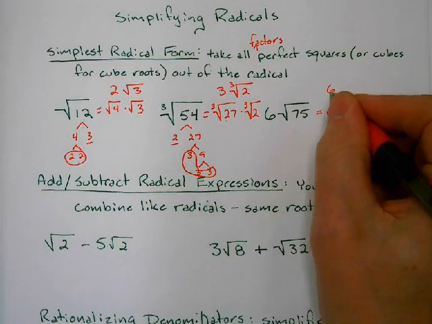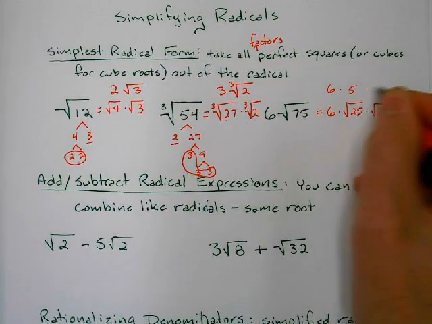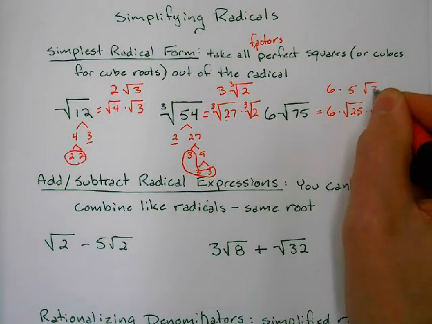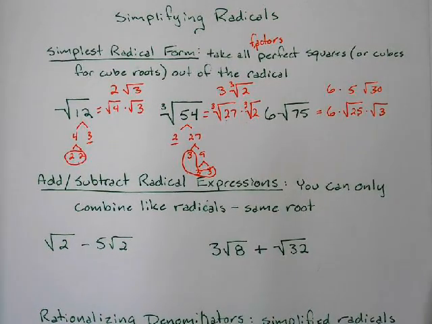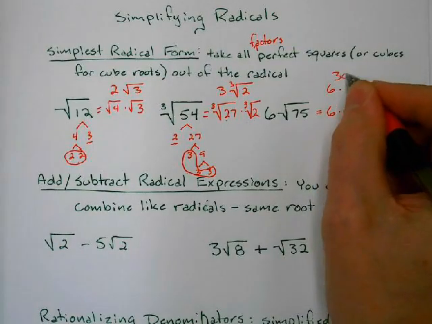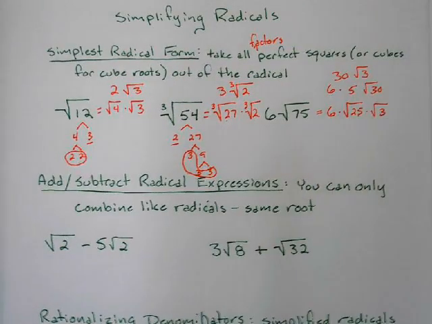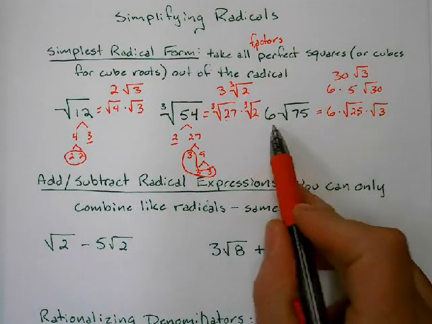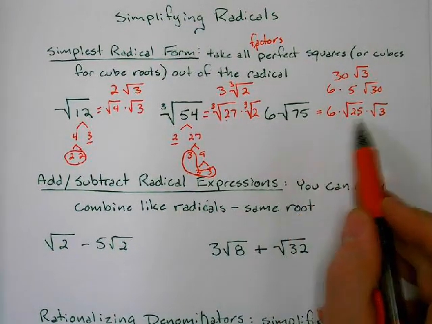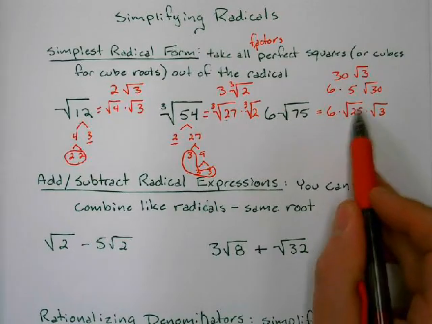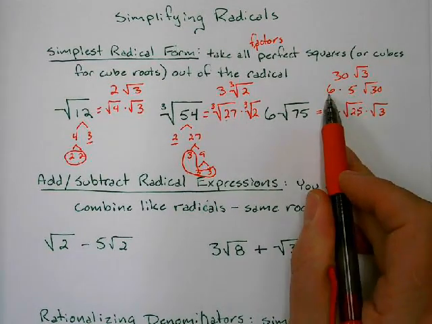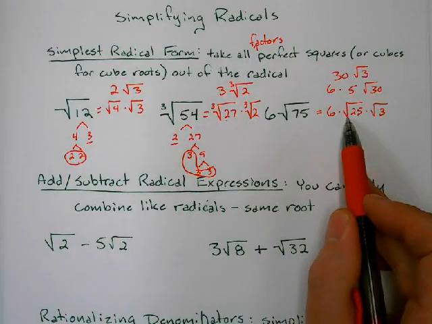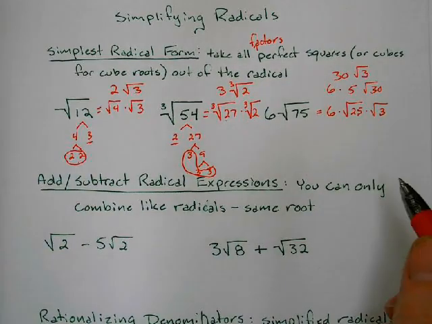So you could just do, oh, this is 6 times 5 times root 3, and so your final answer would just be 30 root 3. If you have a coefficient already, remember everything here is a factor. So if you take a perfect square and turn it into 5, you still have to multiply by the 6 out there because this was a factor to begin with, something multiplied.